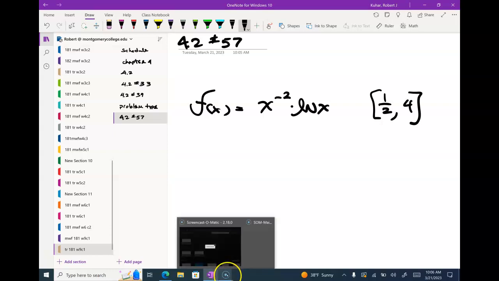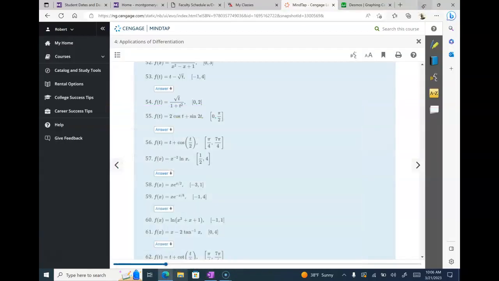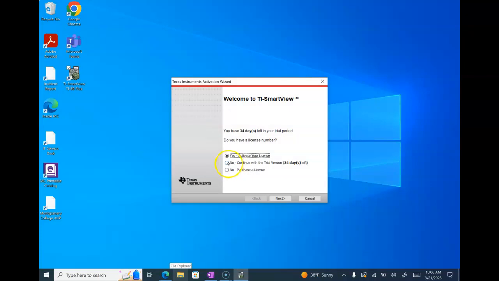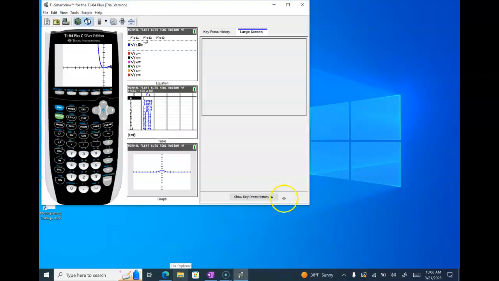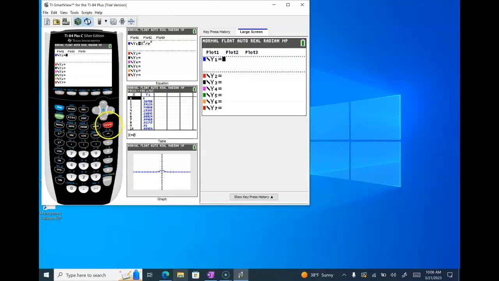I think I'll do this one on the calculator. So in my y equal, I'm putting in x raised to the -2 times ln of x.